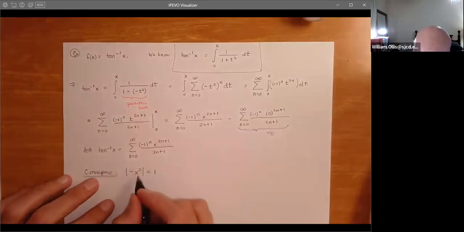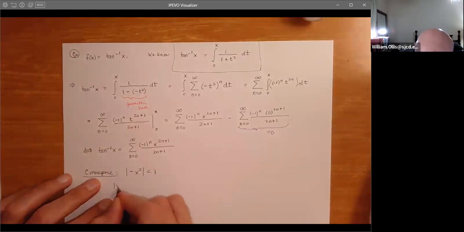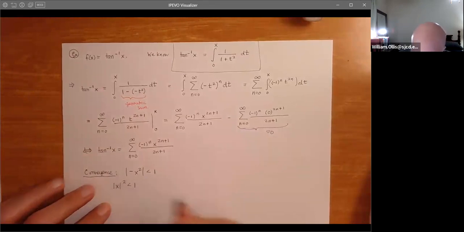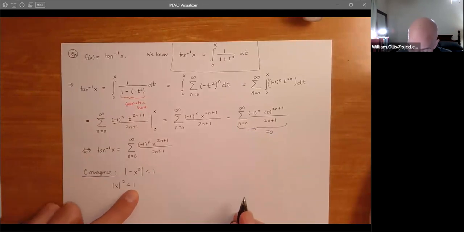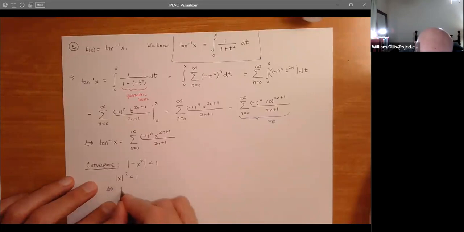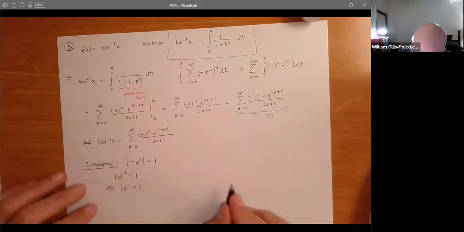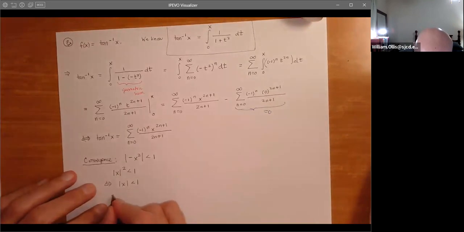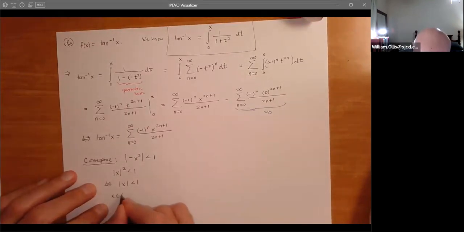And so the negatives absorb. So this is just going to be the absolute value of x quantity squared less than 1. Apply the square root function, an increasing function. So equivalently, the absolute value of x is less than 1. So we just say x lives between -1 and 1.